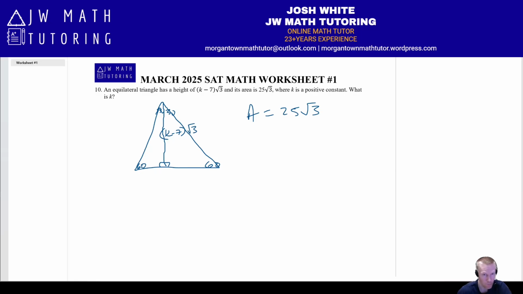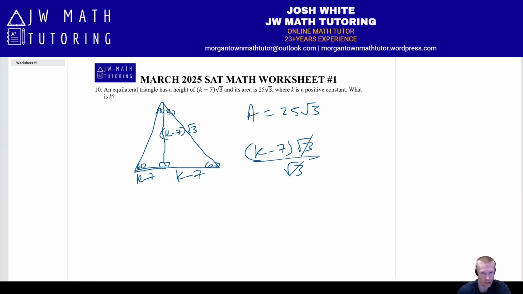Therefore, to get the side right here, which is across from the 30-degree angle, i.e. the short leg, you take the side across from the 60 and you divide it by root 3. In other words, k minus 7 root 3, you divide it by root 3, so this becomes k minus 7. And that's going to be true for the other congruent triangle as well.